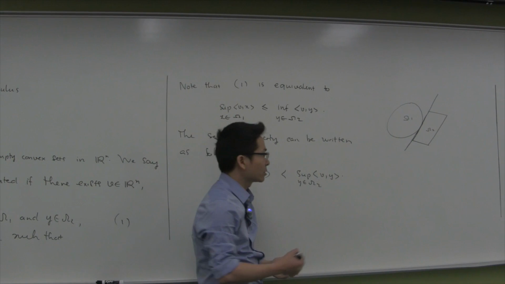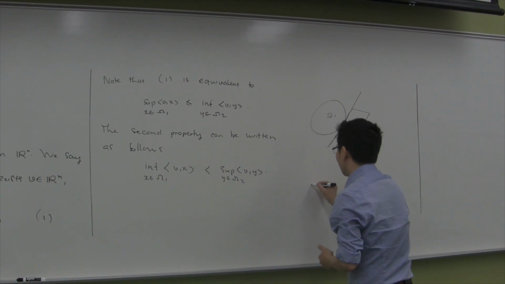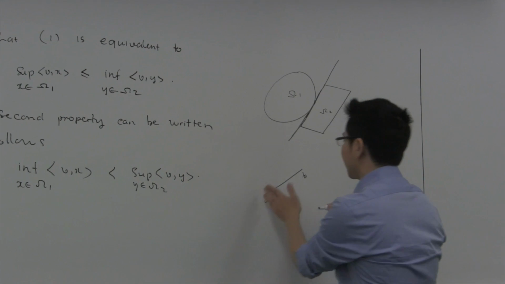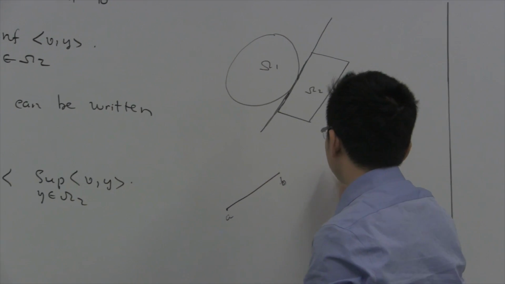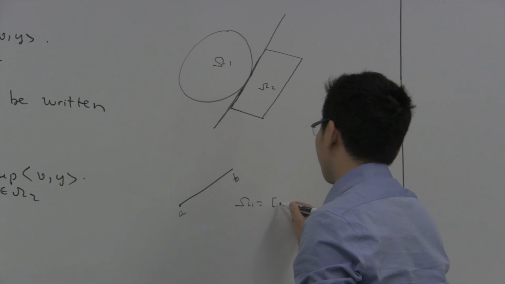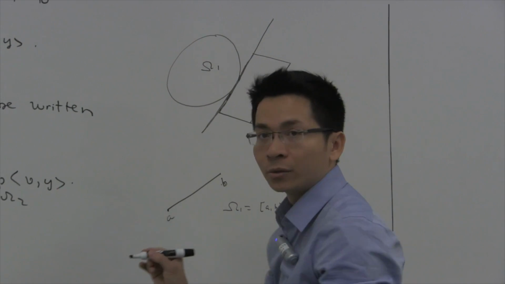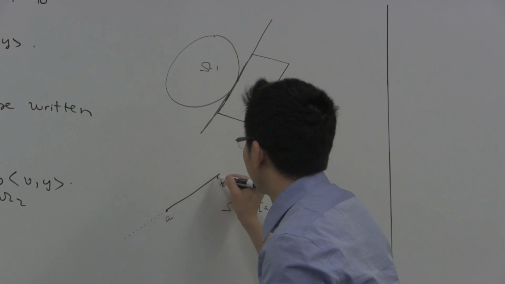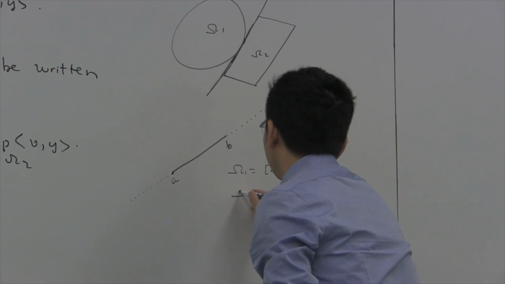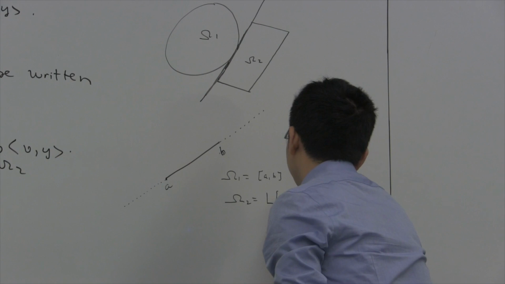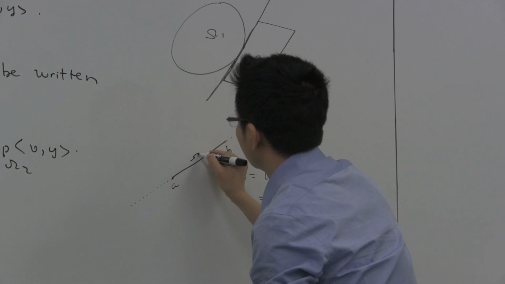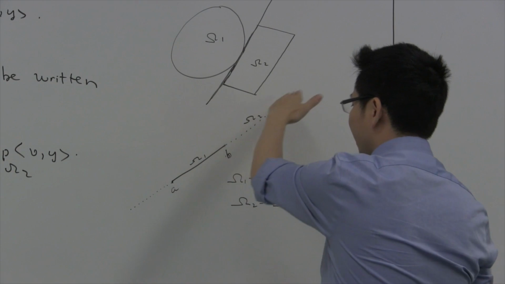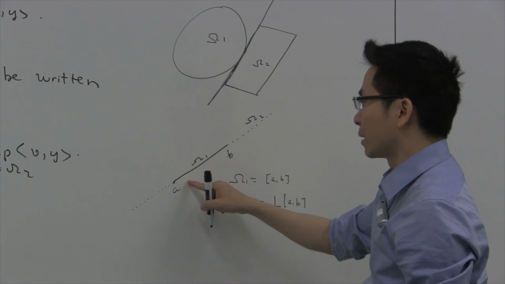Okay, so the example is as follows. Now let omega 1 be a line segment in Rn defined by A and B, where A is different from B. So omega 1 here is the line segment AB, and omega 2 is the line connecting A and B. Omega 2 here is equal to LAB, which is the line connecting A and B. Then we can see that this hyperplane separates omega 1 and omega 2.